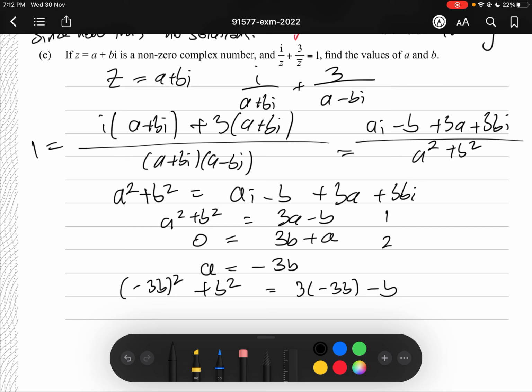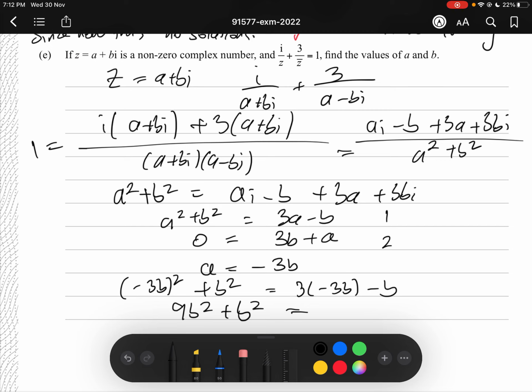Alright, so in this case we have negative 3b squared is 9b squared plus b squared, that is equal to, what is that? 3a minus b. Did I make a mistake somewhere?